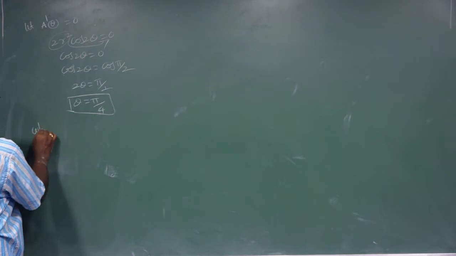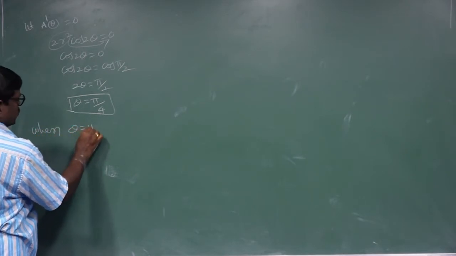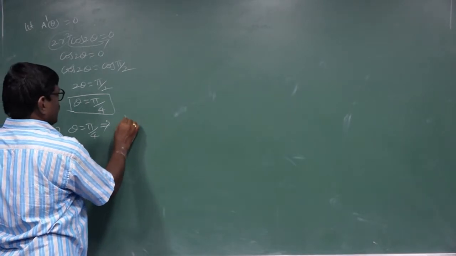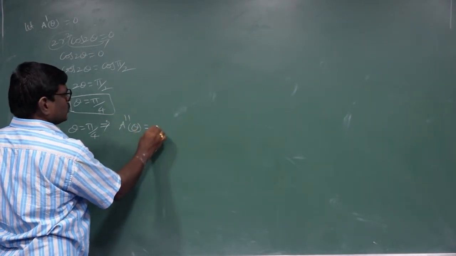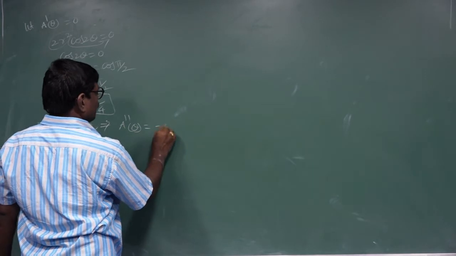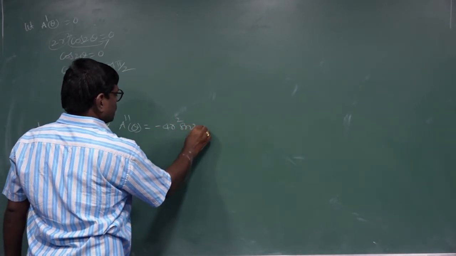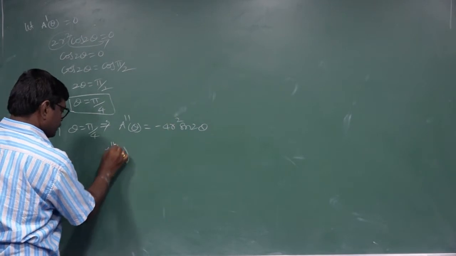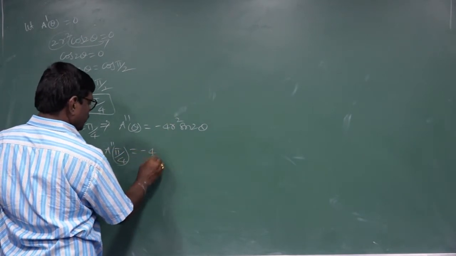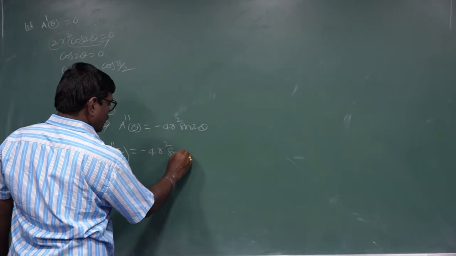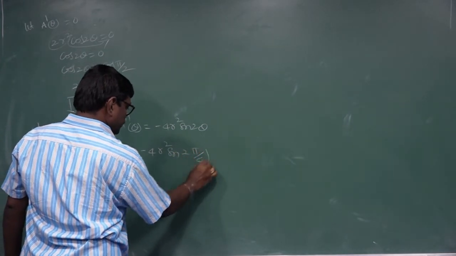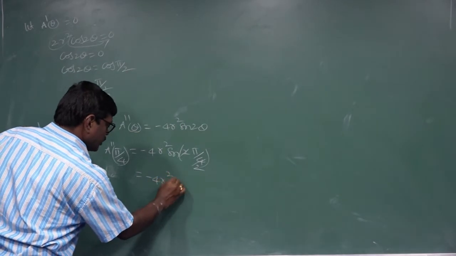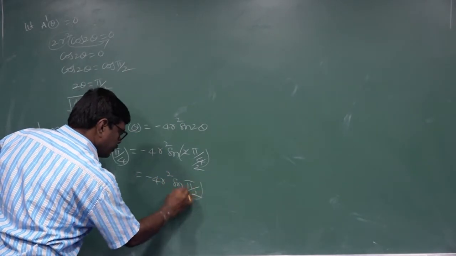When theta equals pi by 4, A double dash theta equals minus 4r square sin 2 theta. A double dash at pi by 4 equals minus 4r square into sin of 2 into pi by 4, which is minus 4r square sin pi by 2.